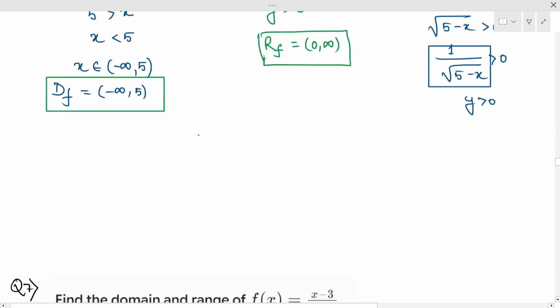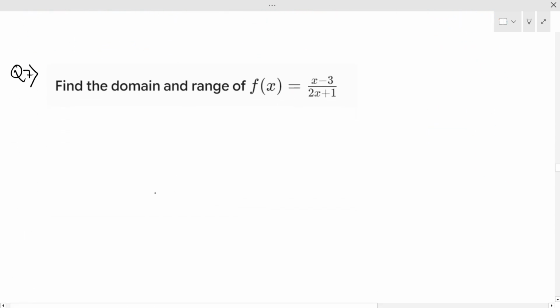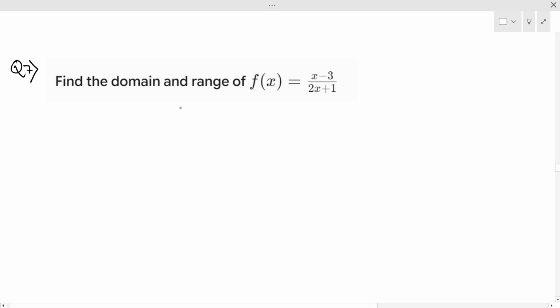Next question, find the domain and range for this function f(x) equals x minus 3 upon 2x plus 1. Now, for this type of function, the denominator should not be equal to 0, right?